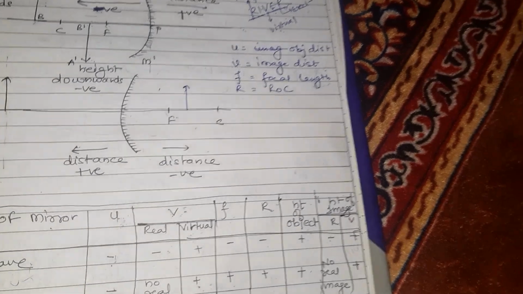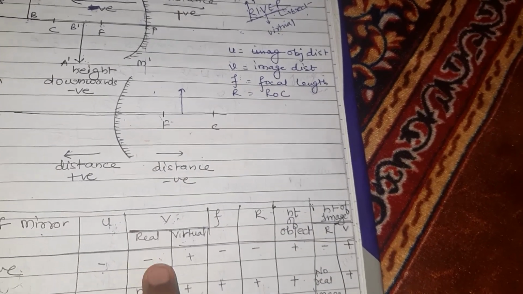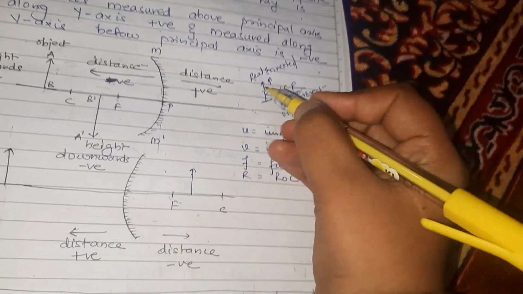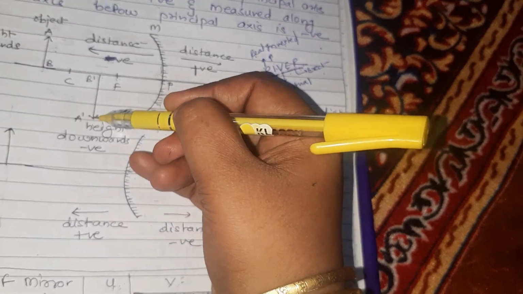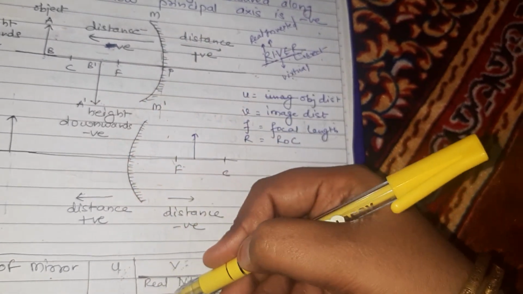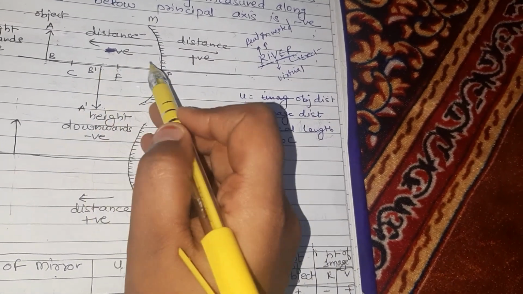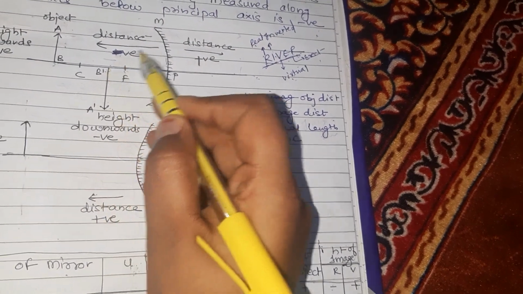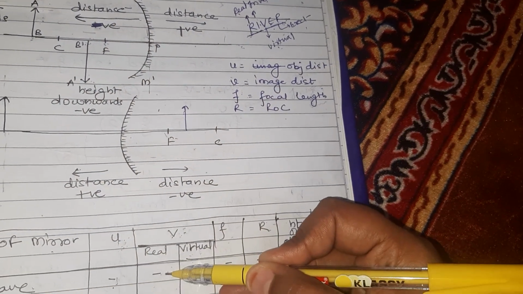Now always remember that if any real image is formed, it is always an inverted image, right? And the real image is always formed in front of the mirror, that is towards the left side. So the distance calculated towards the left side will be negative.